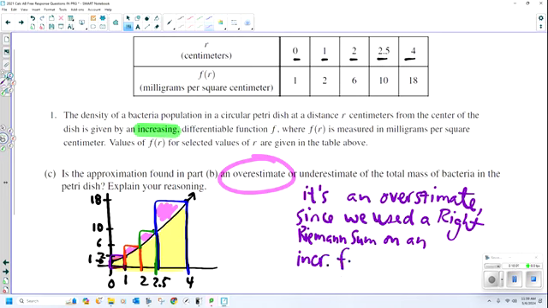That's just a rule. I was worried about misspelling Riemann, and I misspelled function. I left out the N, and kids, don't ever pronounce function without N, please. So if my function was decreasing and I used the right, then it would be an underestimate.